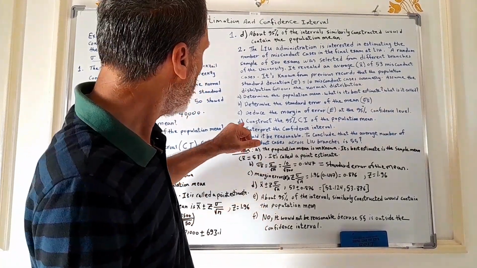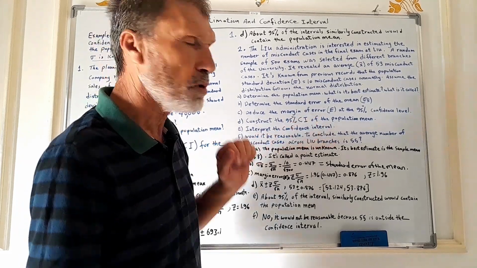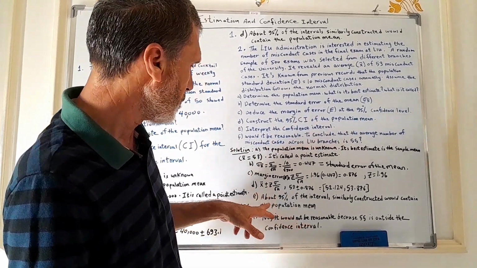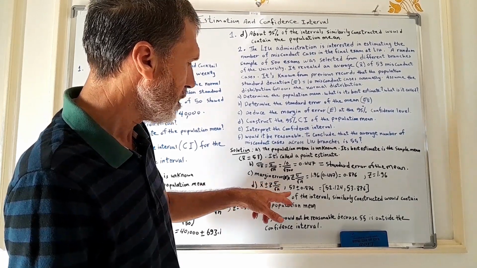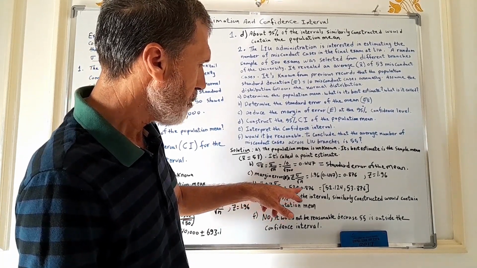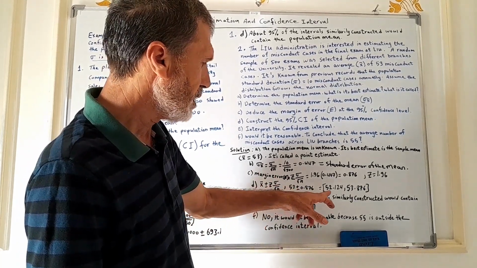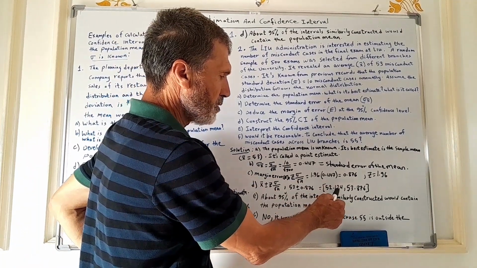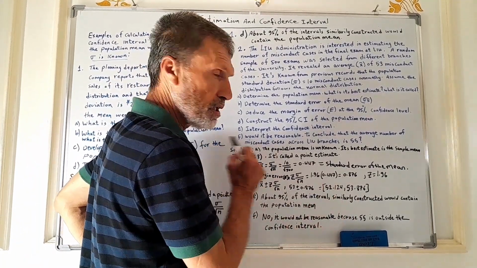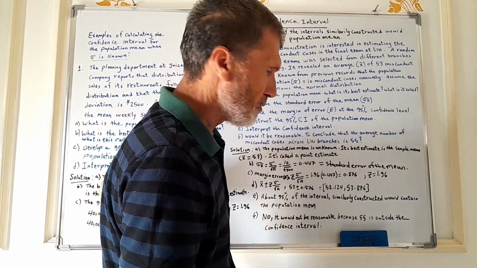Now, D, construct the 95% confidence interval of the population mean. Of course, you plug the formula over here, X bar plus or minus Z sigma over radical n. We come up with 53 plus or minus 0.876, which gives the lower limit 52.124 and the upper limit 53.876.